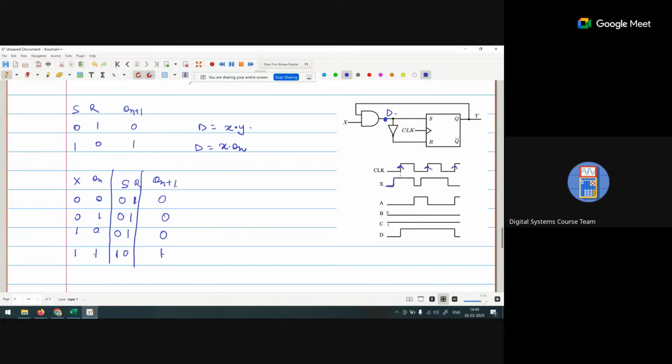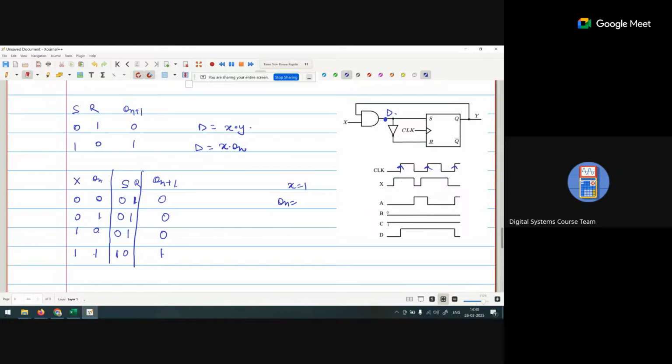At this point what is X? X is 1. And what is Qn? Qn is just the previous state.